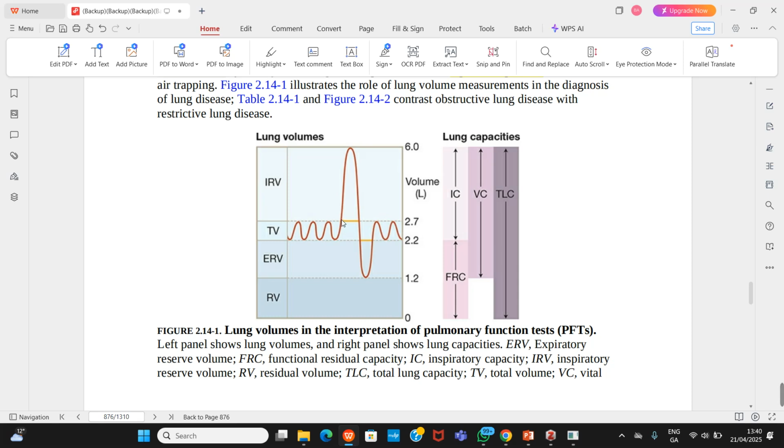That extra volume the person is breathing in with force is called the inspiratory reserve volume. So from here to here is the inspiratory reserve volume. That means that the inspiratory reserve volume is going to be 6.0, which is the total lung capacity, minus 2.7, which is around 3.3 liters. We just need to understand what it's all about. We don't really need to cram it. So that is the inspiratory reserve volume. That is tidal volume.